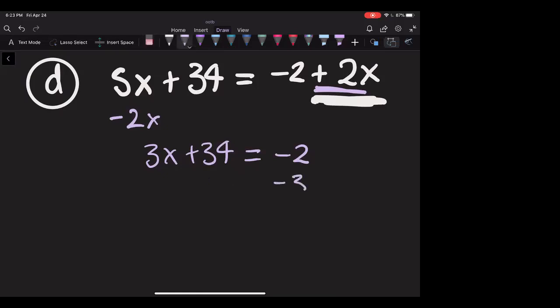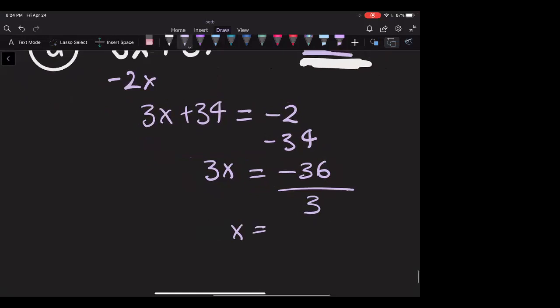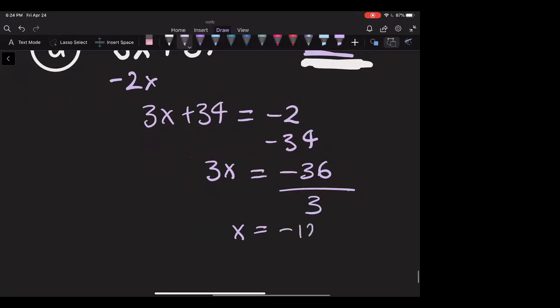Okay. So that's what we get. We're going to divide by 3 now. You should get negative 12. Let me try doing that on the calculator.